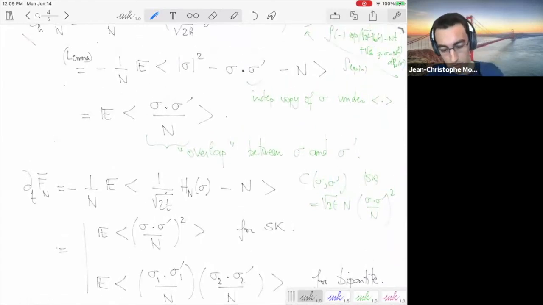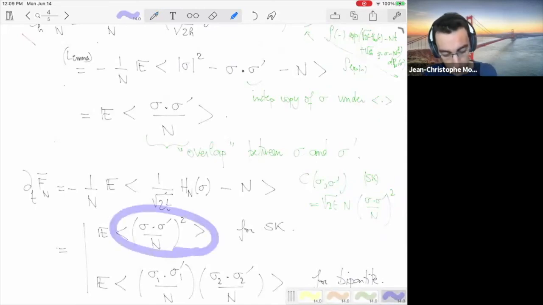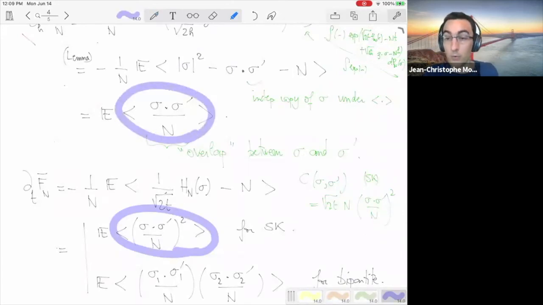Observe that the t derivative is the expectation of the square of the overlap, and the h derivative is the expectation of the overlap. So if we assume that the overlap doesn't have too much fluctuation, then we get a relationship between the two. We get that the derivative in t is the square of the derivative in h. In fact, again, the same equation as for Curie-Weiss and as for the model of statistical inference we have studied.